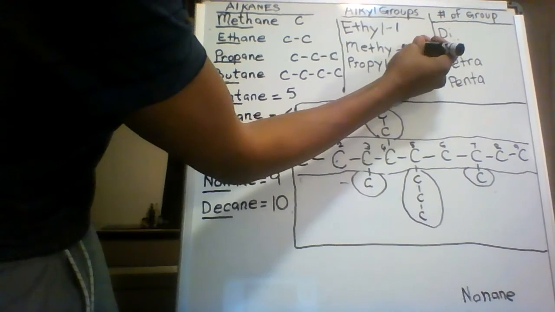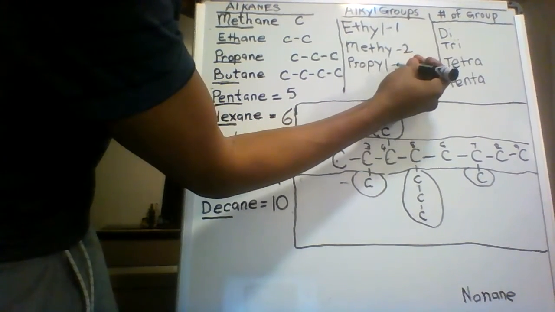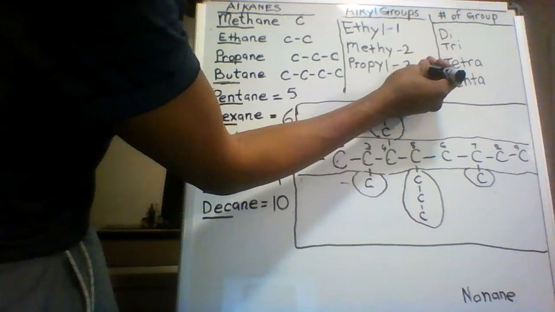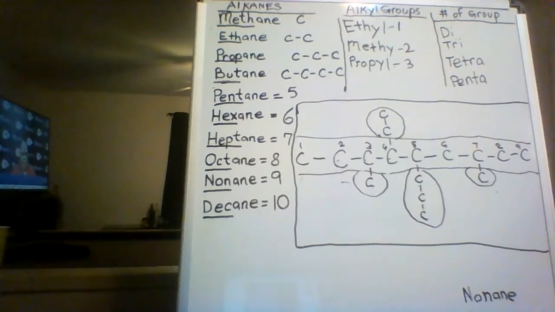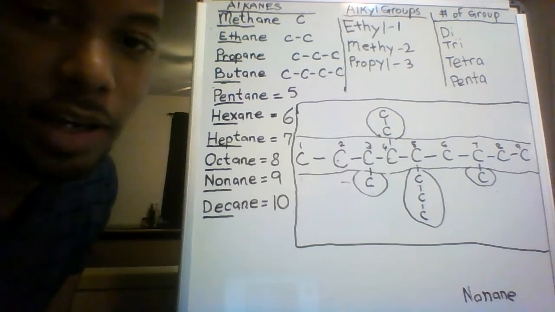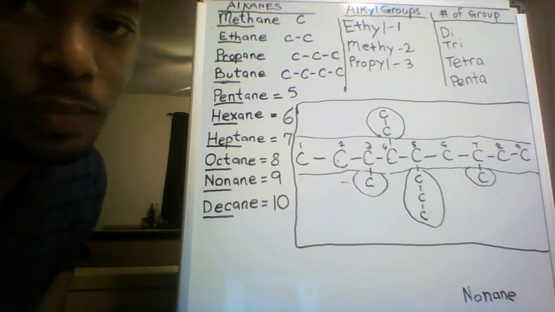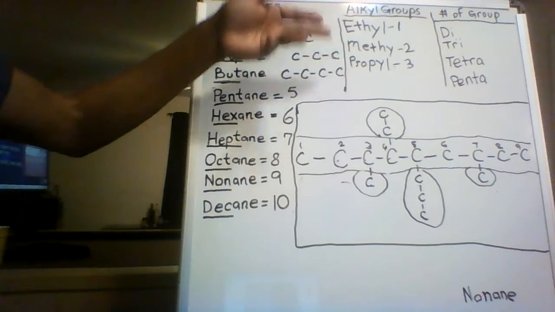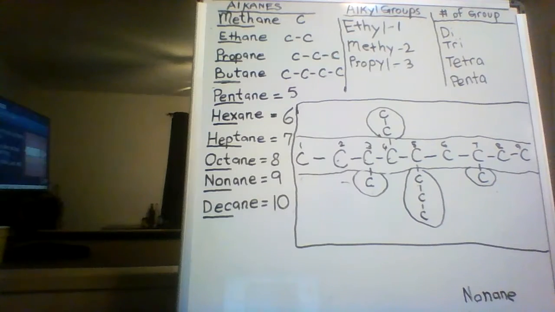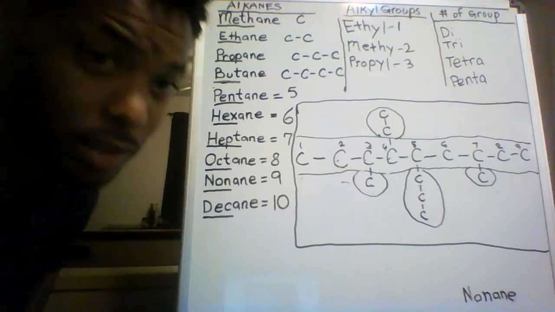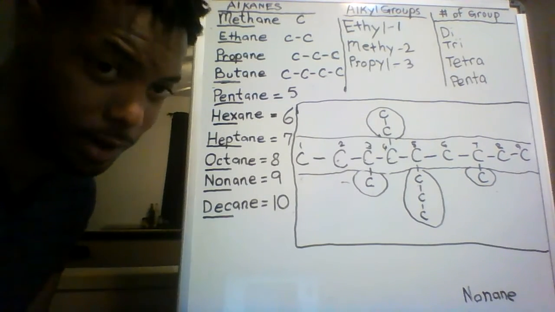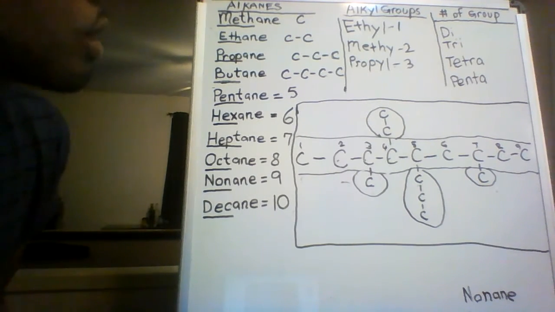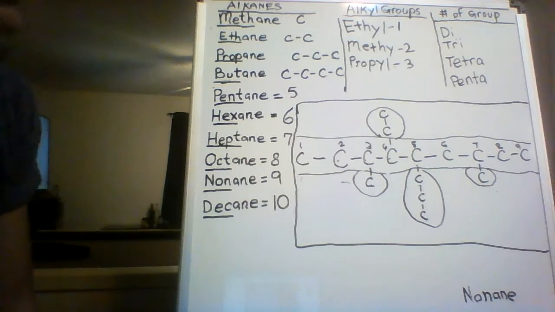If it's 2, that's going to be an ethyl. If it's 3, that's going to be a propyl. All right, and whenever you're naming it, it goes in ABC order, which coincidentally falls in order of the smallest to the largest. For these, though, I can't say it's going to happen all the time like that, but for these right now, it coincidentally falls into the right order.